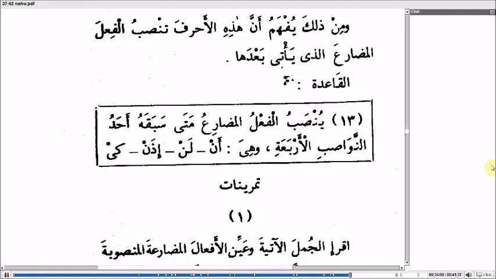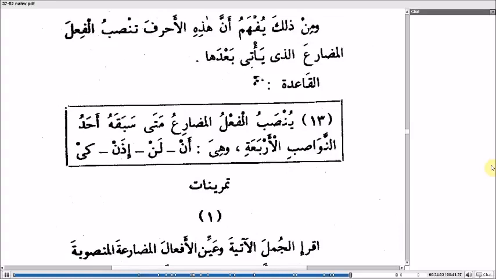We go here, we see the rule. Yunsab al-fi'l mudari'. The fi'l mudari, the present tense verb, becomes mansub متى سبقه أحد النواصب الأربع. When سبقه precedes it أحد النواصب الأربع, one of the four nawasib.